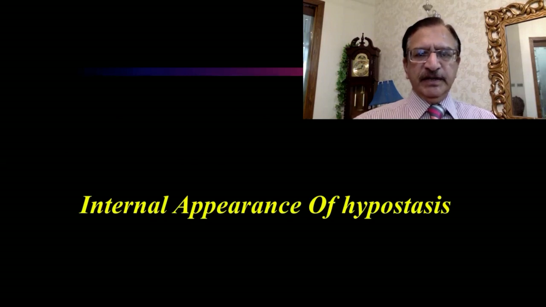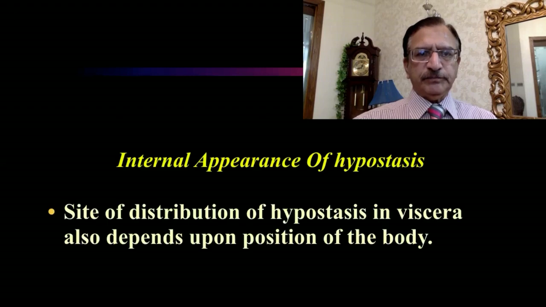So regarding the internal appearance of the hypostasis, the distribution of hypostasis in the viscera is also dependent upon the position of the body. The hypostasis will develop on the dependent areas of the viscera.